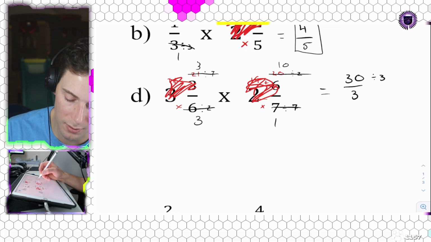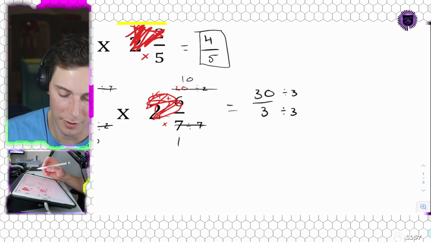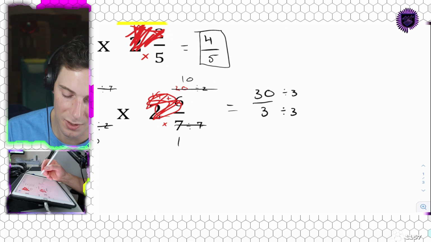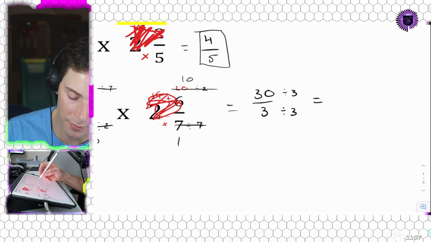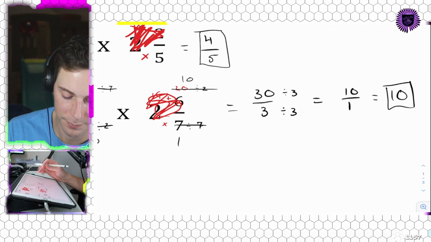I'll just do it at the end because I missed one. It's a great example of what happens sometimes. We made it simple, but we missed our last one, and we can just do it after, which gives us 10 over 1, which is 10. Our answer is 10.